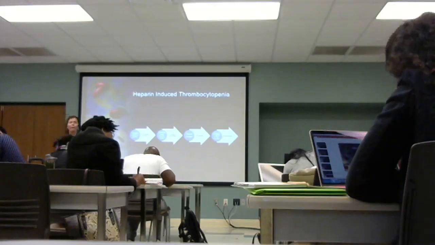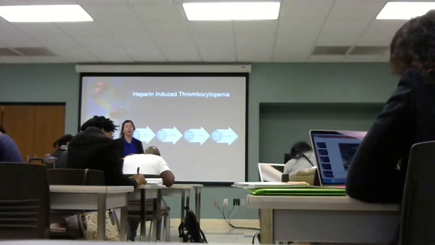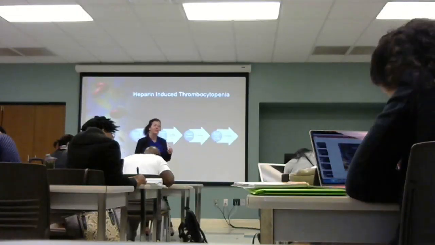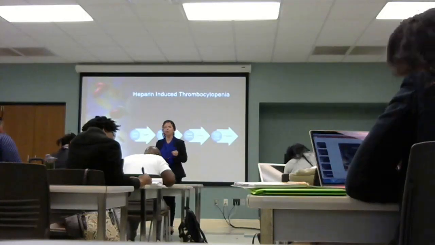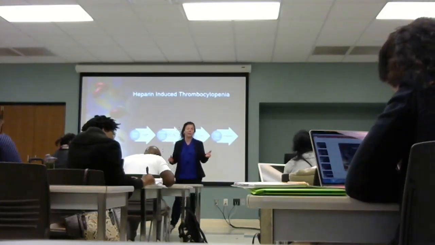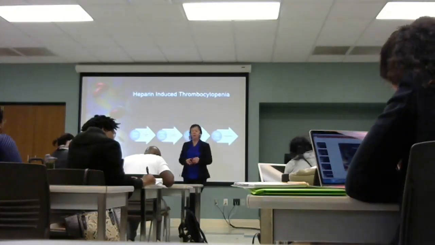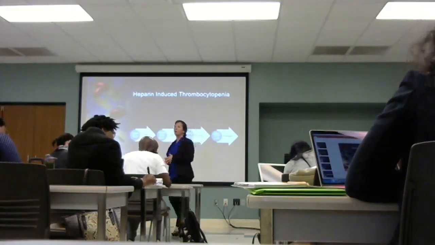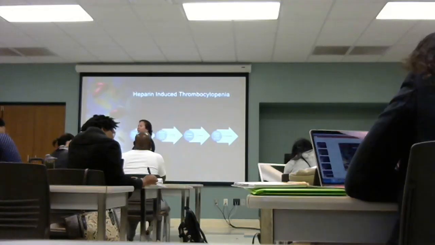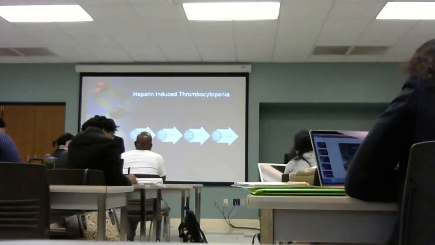So we start forming autoantibodies against platelet factor 4, which is no more than a tissue-specific antibody created against the platelets. That's the reason why it is in fact a hypersensitivity reaction type 2. Sometimes patients can develop heparin-induced thrombocytopenia later than 5 to 14 days.